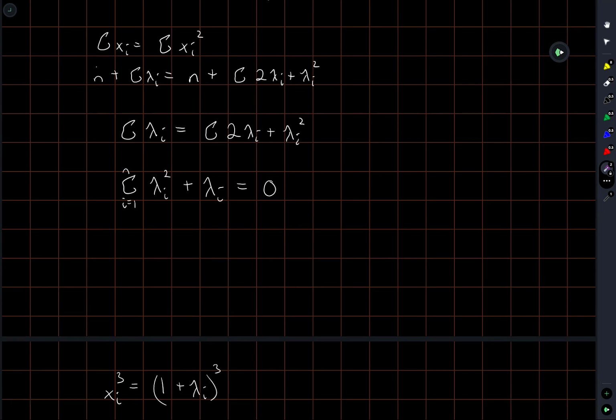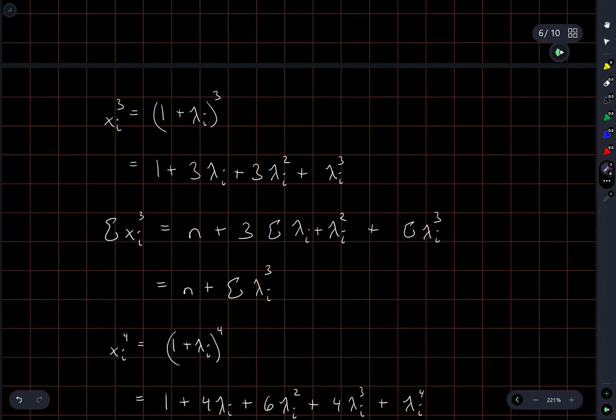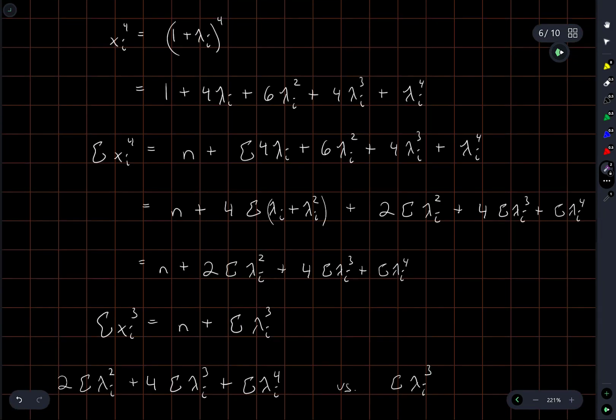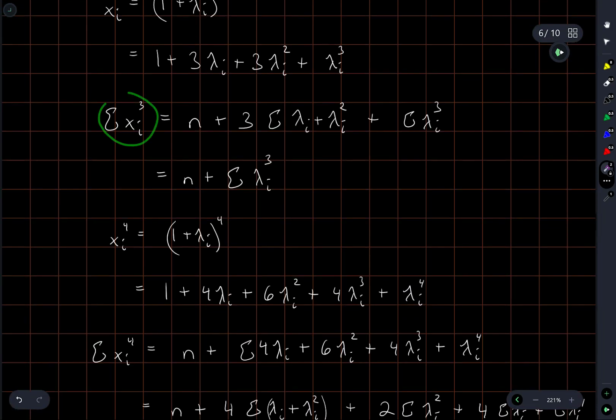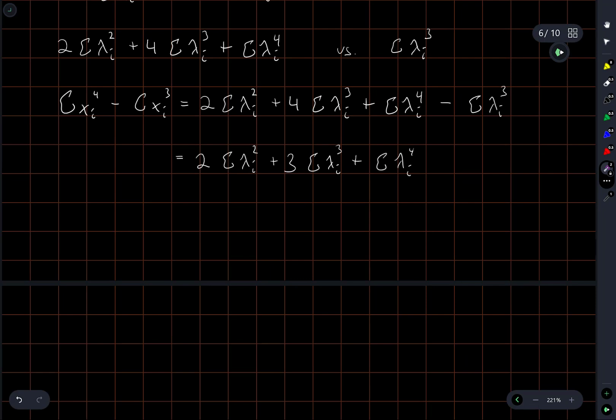And when I compare the sum of the cubes to the sum of the fourth powers and take the difference, I end up with this expression in terms of this collection of lambdas. So if this is positive, then the conjecture I've made is correct.